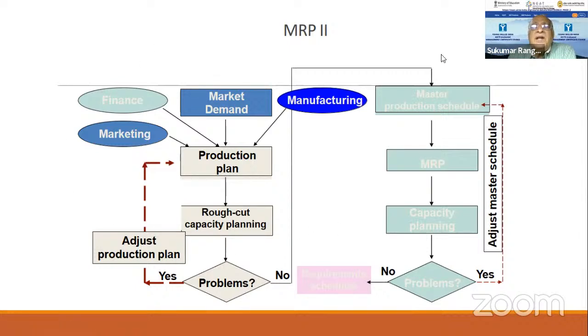This, in any process, is a cyclical process, and then feedback at each stage based on the supply demand requirement from marketing.